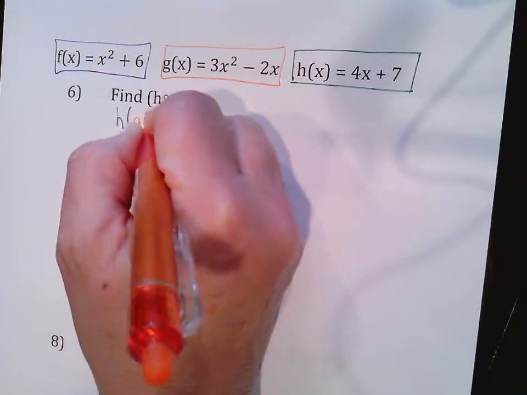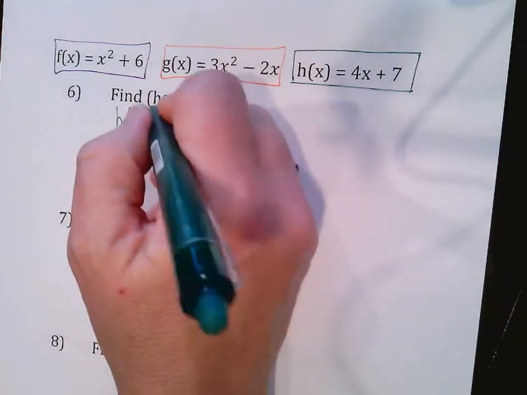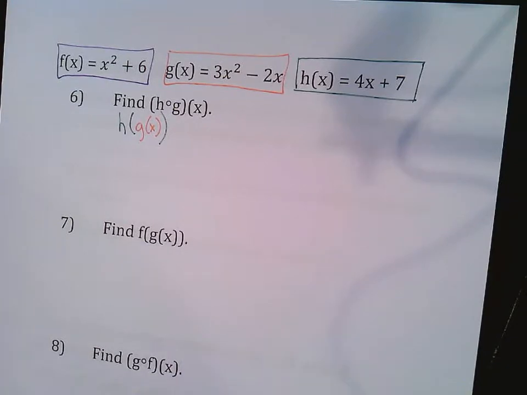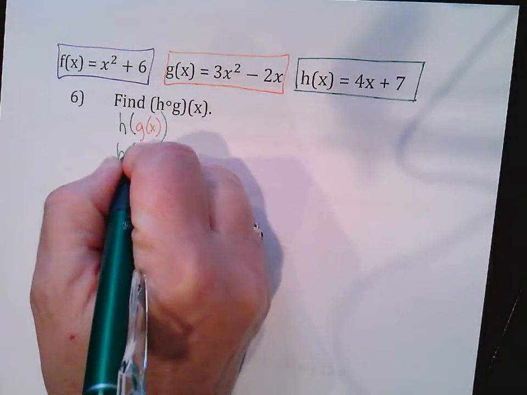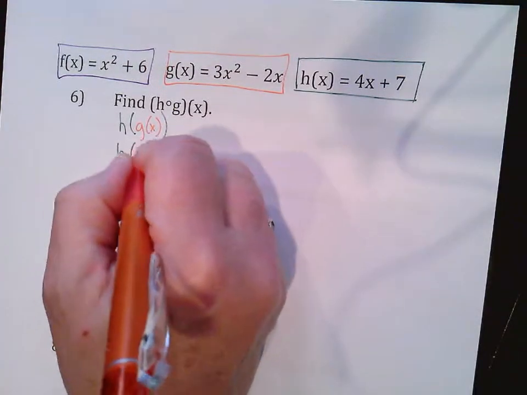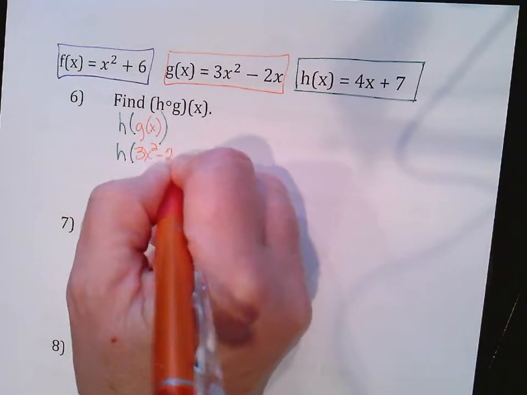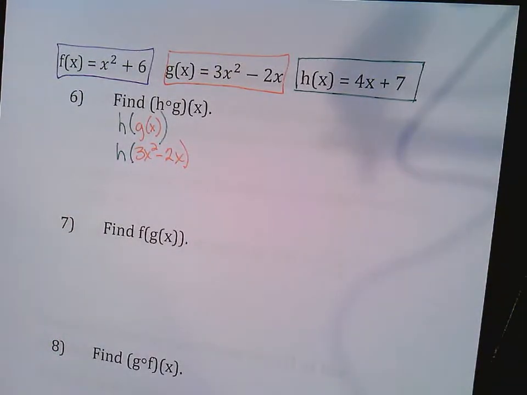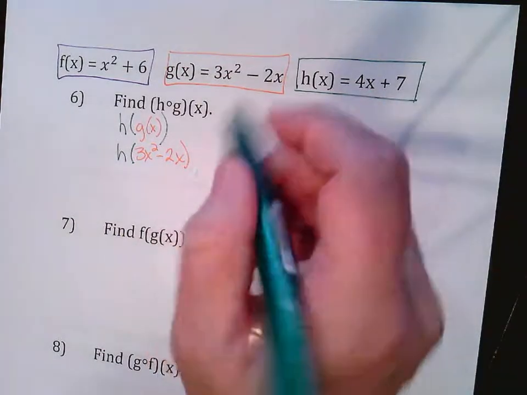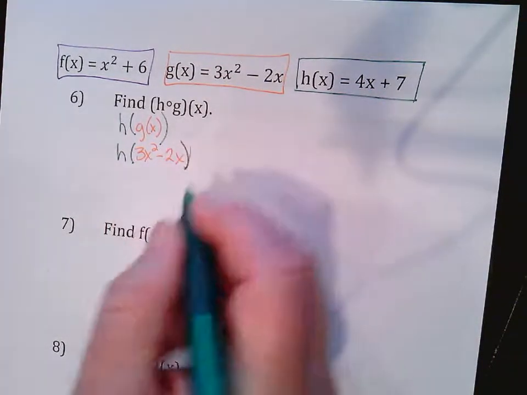This means that I have h of g of x, and I know how much you guys love those compositions. So that means I'm going to have h of 3x squared minus 2x. If I have my h function, 4x plus 7, wherever there's an x, I'm going to put this value.